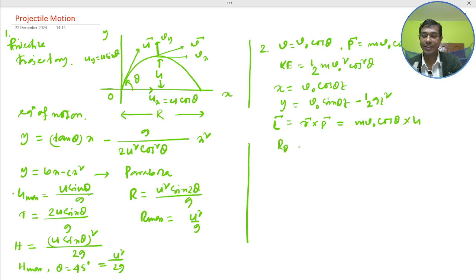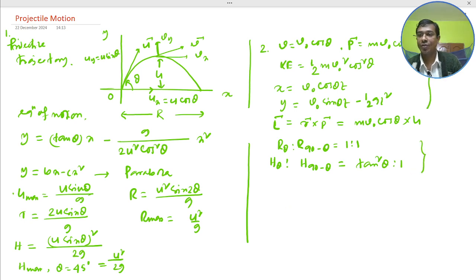Basically R theta is to R 90 minus theta would be 1:1, same, and H theta is to H 90 minus theta is equal to tan square theta is to 1. This is the equation of motion.